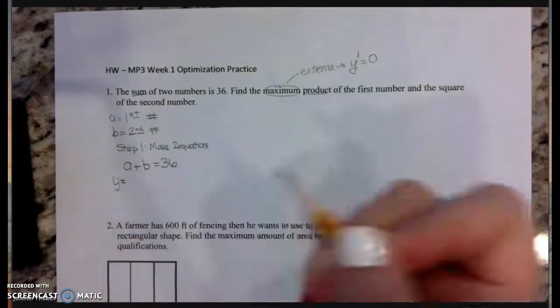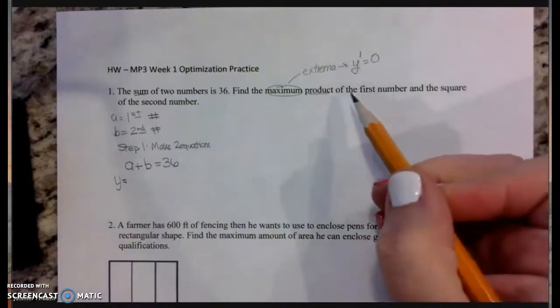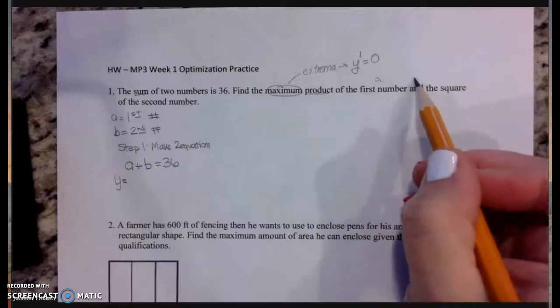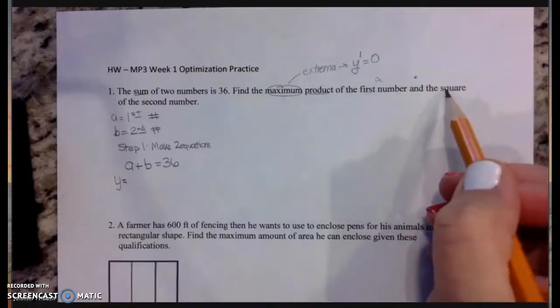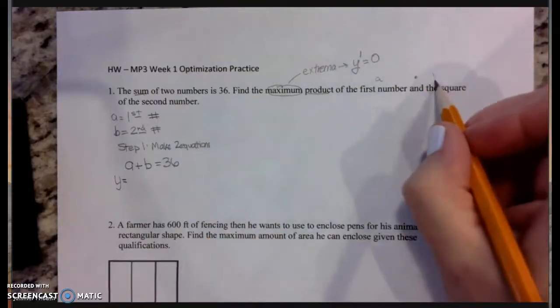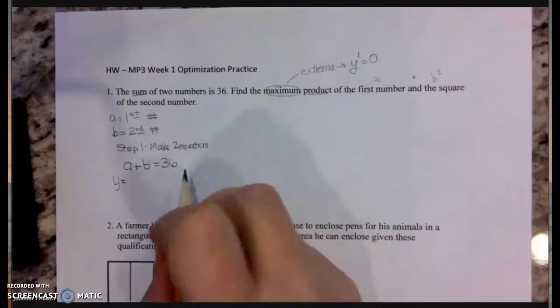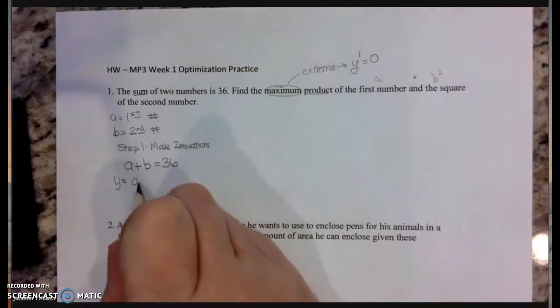This is the equation we're going to take the derivative of. Okay, so the first number, which is A, and, which means that's where you multiply, the square of the second, that's B squared, not square root, the square. So it's going to be A times B squared.